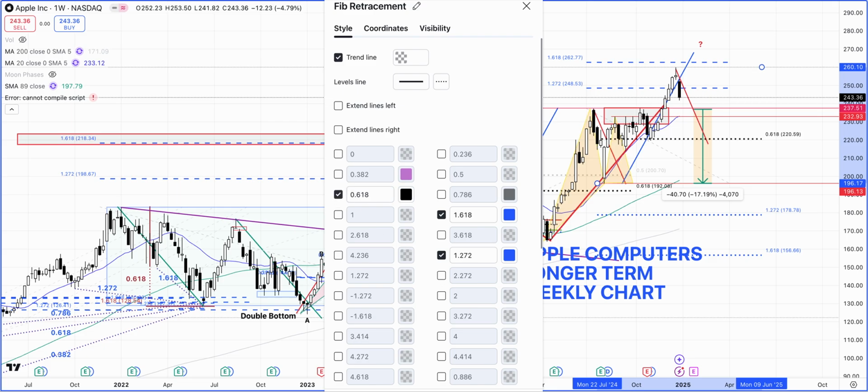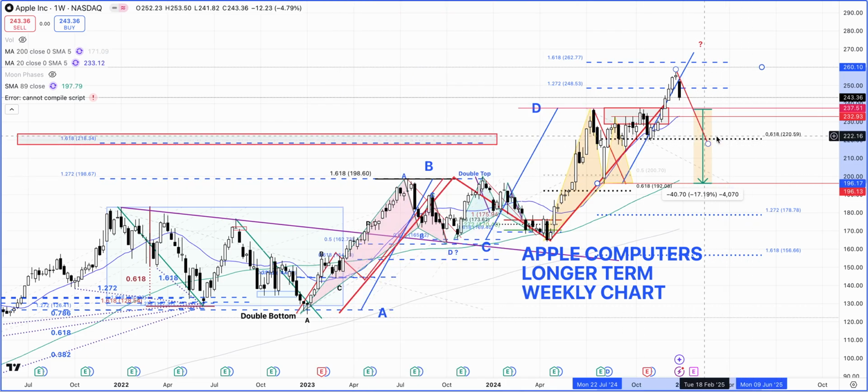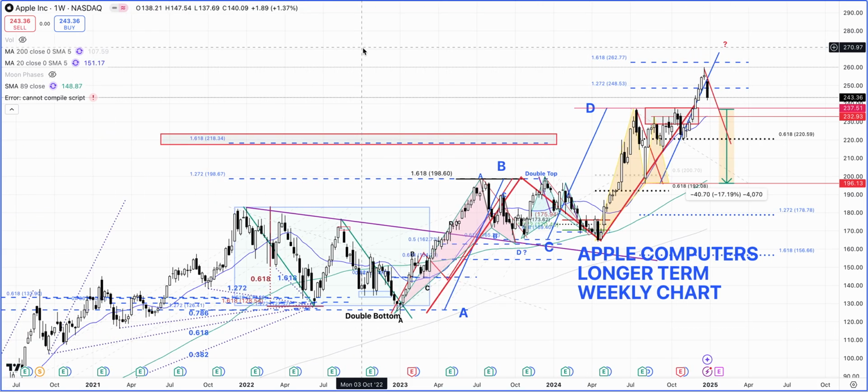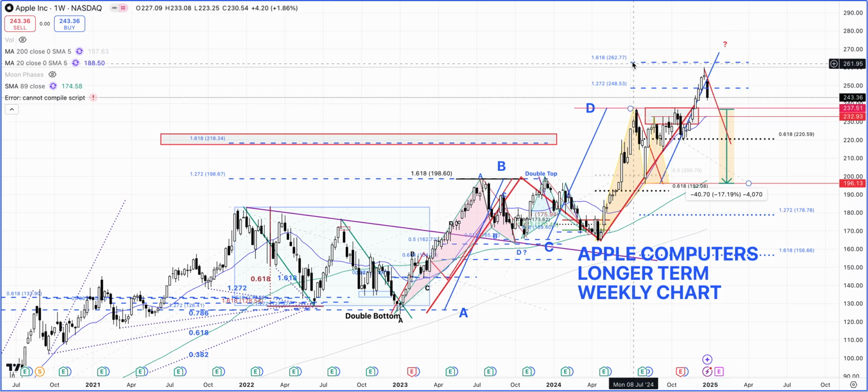There you go, 61.8%. So that's going to be a really interesting level to watch, 220. But it's got a chance it could pull back further, especially because it is right at these key levels as targets that we were watching.